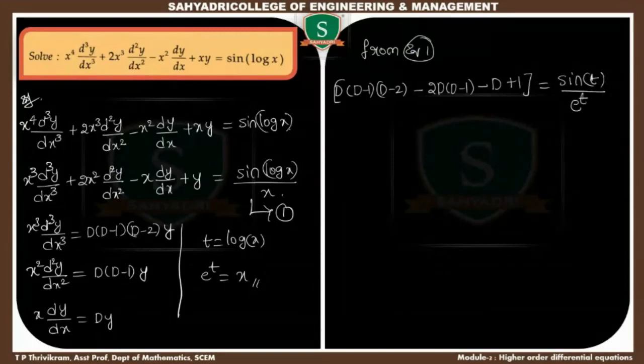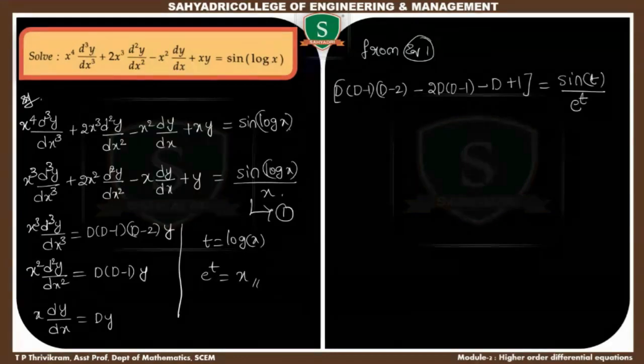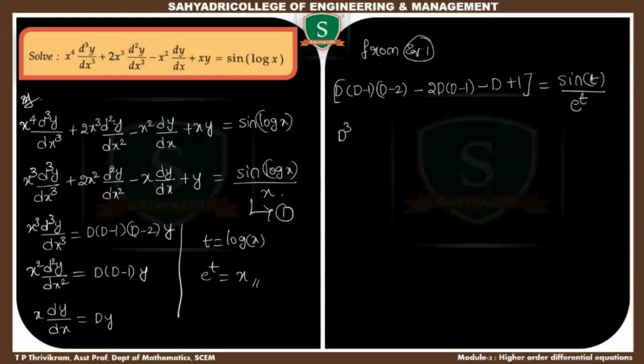Okay, so simplify this. How much you'll get? If you multiply all the three terms at a time, first you'll get d cube. So d cube minus 2d square minus d square, so you'll get minus 3d square. Okay, next plus 2d, minus 2d square plus 2d.